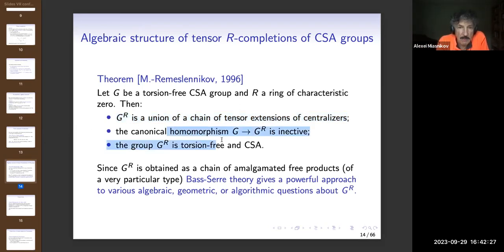The canonical homomorphism is injective, so that's crucial. The tensor completion is faithful. And the resulting group is also torsion-free and CSA, which, as you will see, is also important.